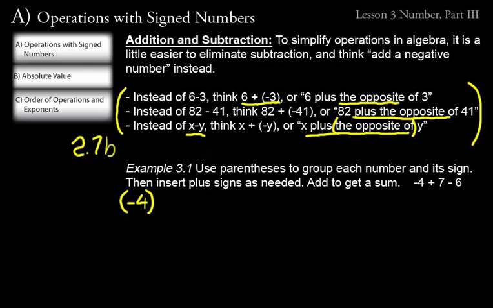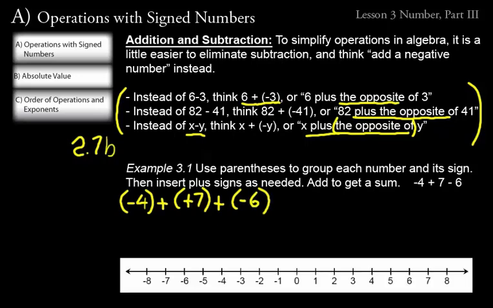So we have a negative 4 plus, and we can say positive 7 on the inside, and then minus 6 we'll say plus a negative 6. So we're adding a negative 6. Now let's add a number line to this and just think about how this will work out on a number line. And so we start at 0 always on a number line, and then we'll add a negative 4, so we'll go this way.